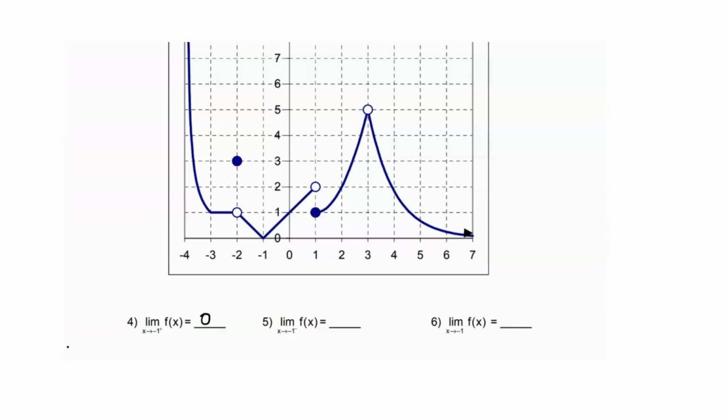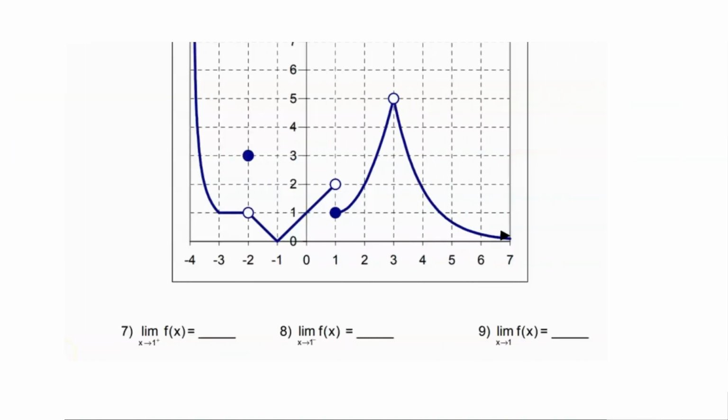So we're going to come down, and again, we get 0. So does the left-hand limit equal the right-hand limit here? That's problem 6. And we can see, yes, they both equal 0. So the limit of f of x as x approaches -1 equals 0.